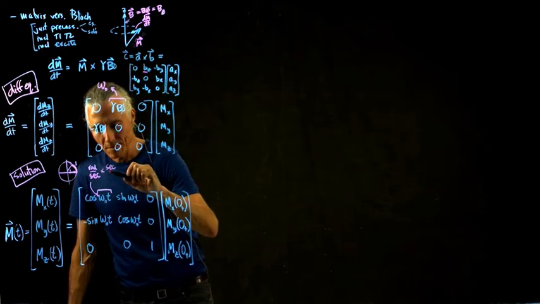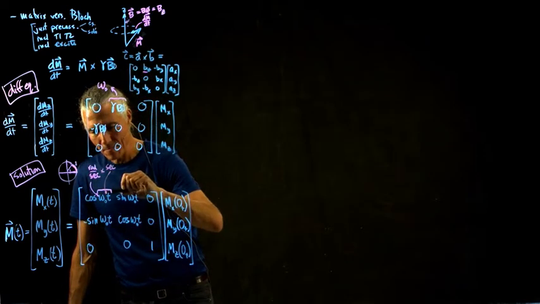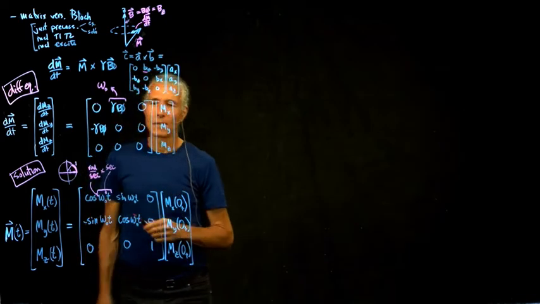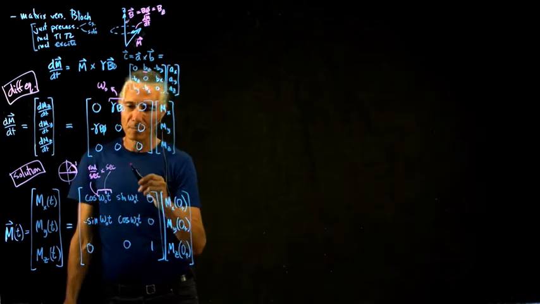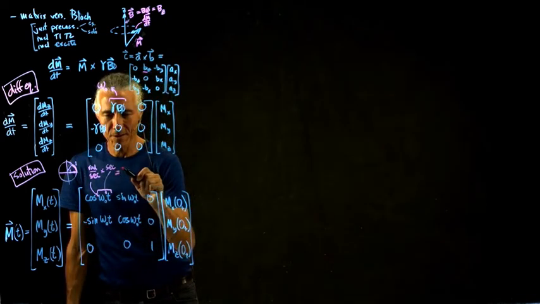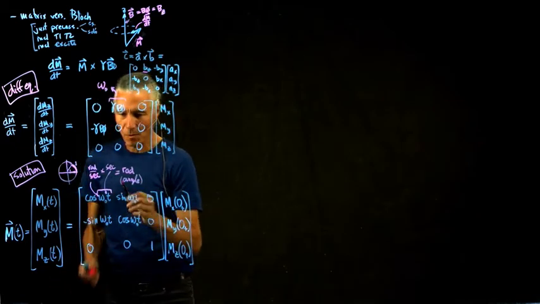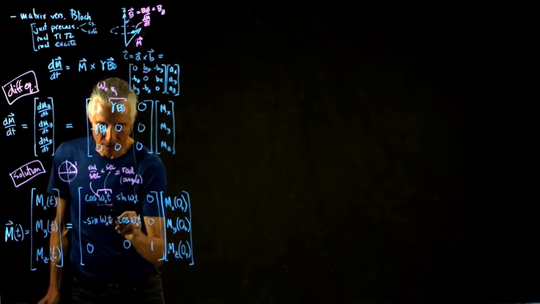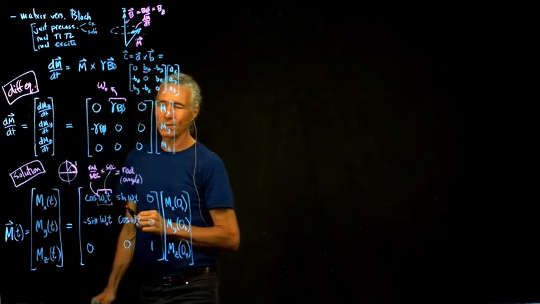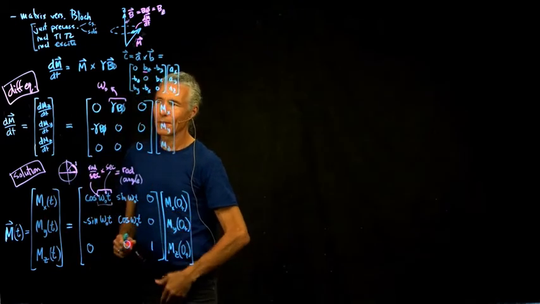I'm just making sure everything is completely explicit. And so what do we get? We just get radians, which is an angle. So we're plugging in the cosine of an angle in radians there.